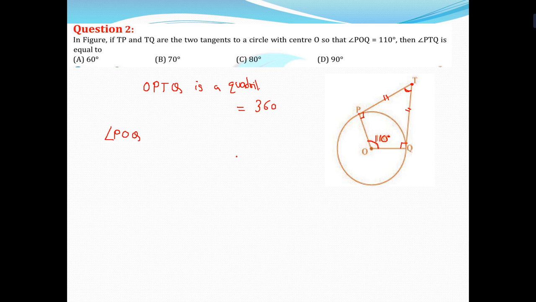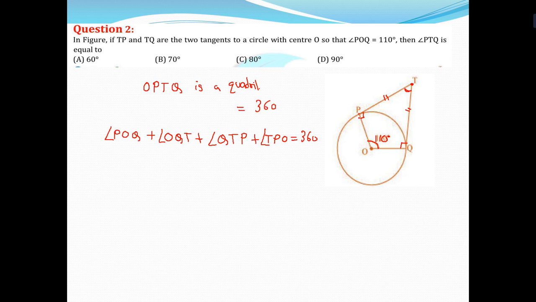Now angle POQ, that is 110, plus angle OQT plus angle QTP plus angle TPO is equal to 360.